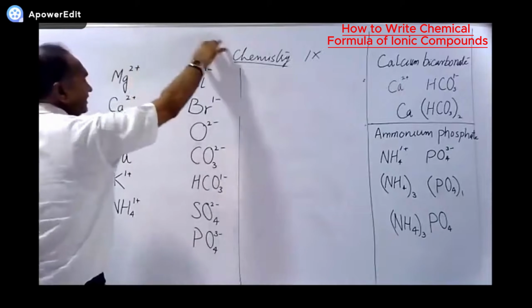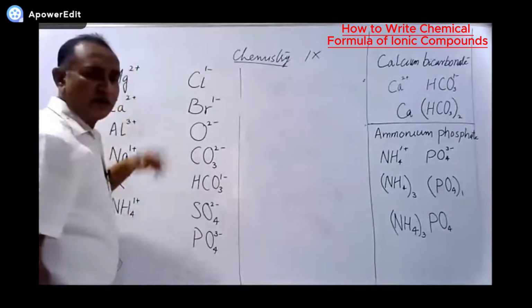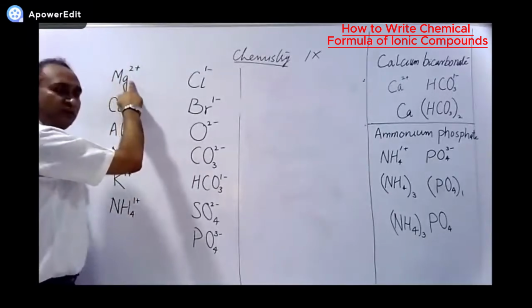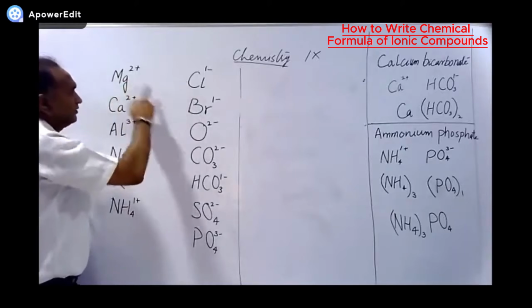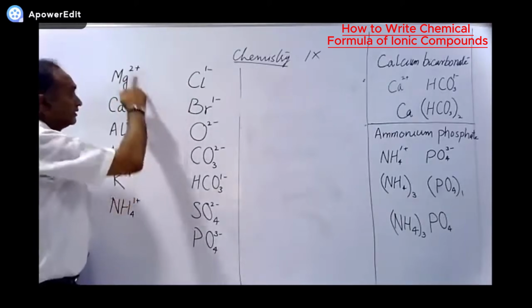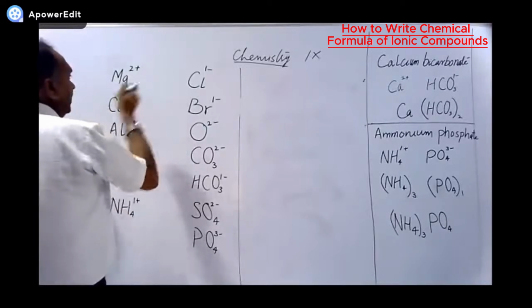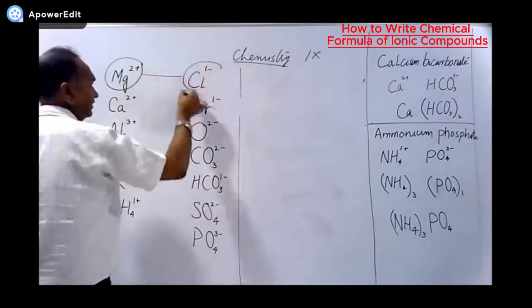The question will be written like this. Make chemical formulas, make ionic compounds like this. So you will choose the first one, make a group with the first one, with the second one, with the third one. Okay, so I'm choosing this first and making a group with this.